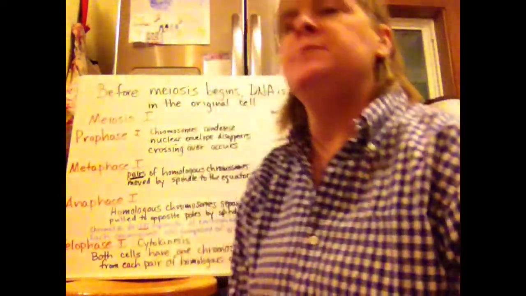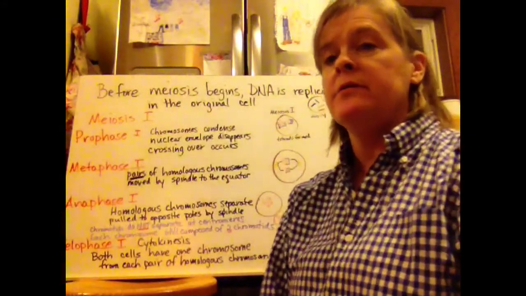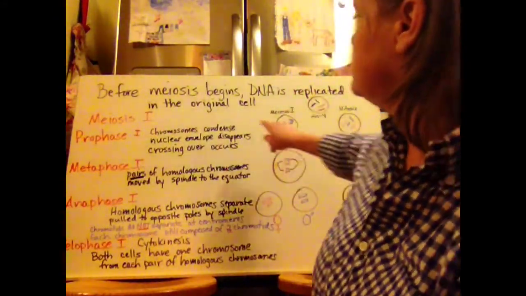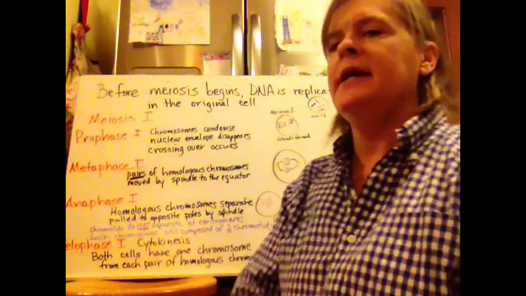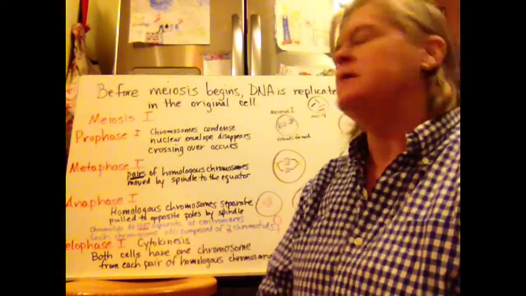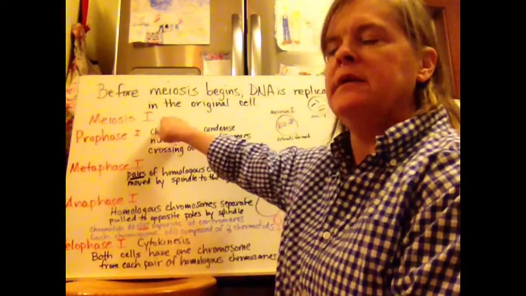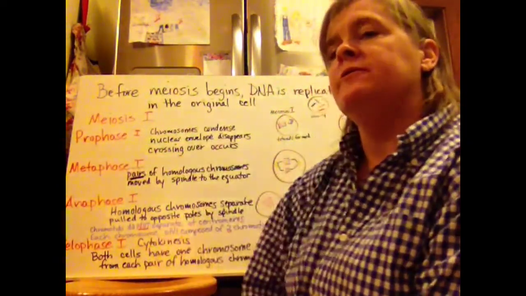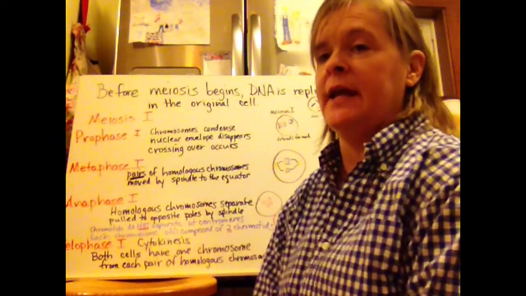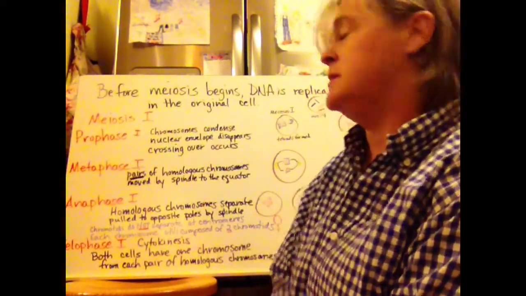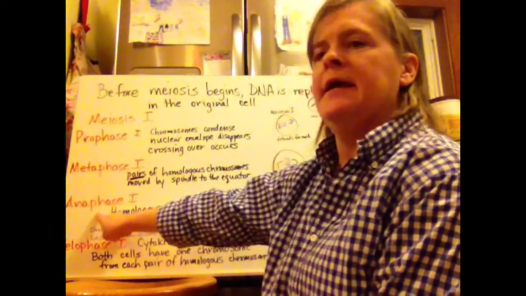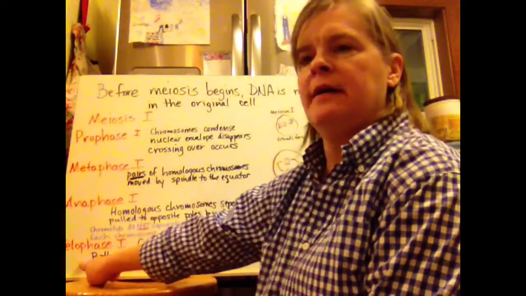Before meiosis begins, just like in mitosis, the DNA has to replicate. Once the DNA has replicated, meiosis 1 can begin. Meiosis 1 is divided into 4 phases, similarly named as with mitosis: prophase 1, metaphase 1, anaphase 1, and telophase 1.